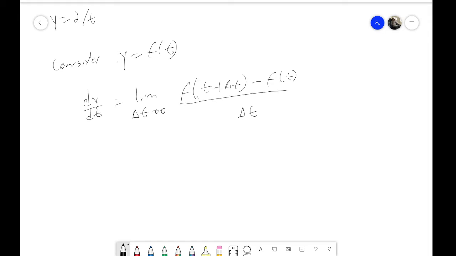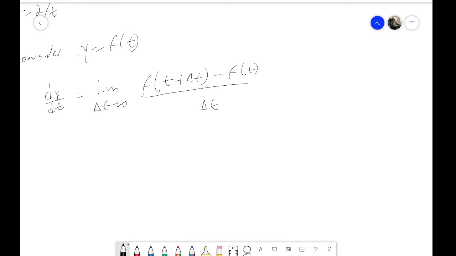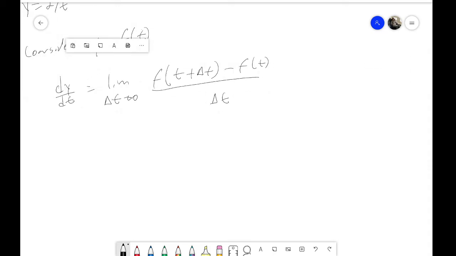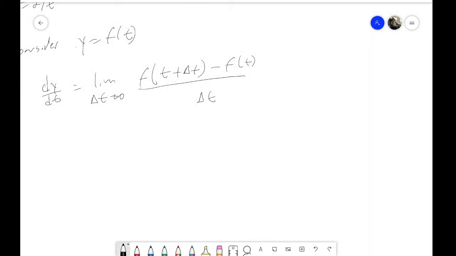Now, I guess it's as good a time as ever for me to introduce another notation. The delta x's and the delta t's may get convoluted, and it may be difficult to keep track of them when you have a difficult function. For that reason, sometimes you see this definition of the derivative also expressed in terms of the variable h.